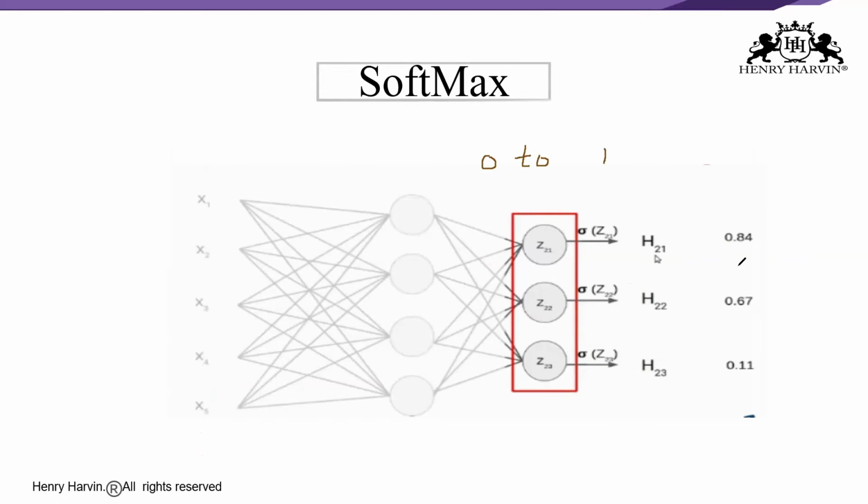This is how we will be getting the output. Here you can see two problems. First, say we apply a threshold of 0.5.